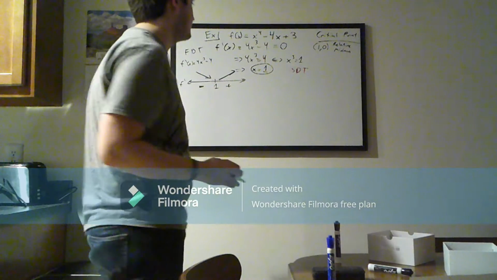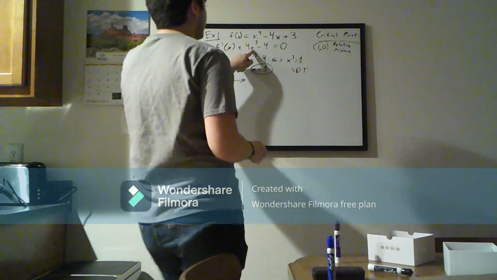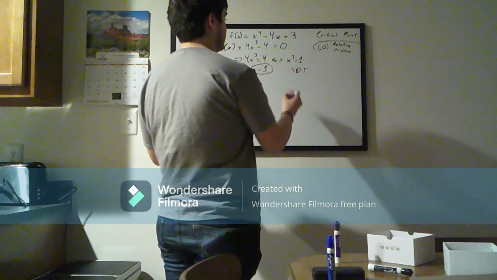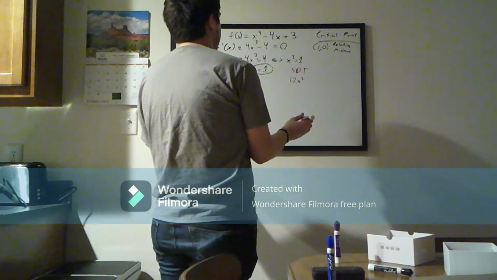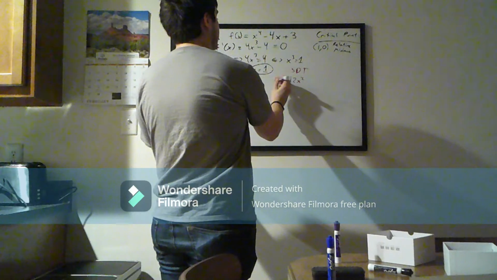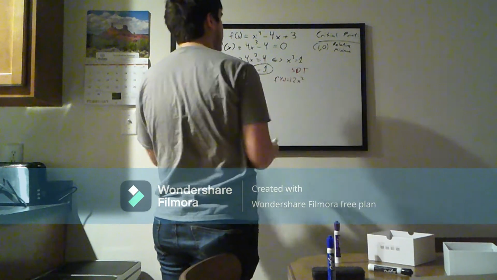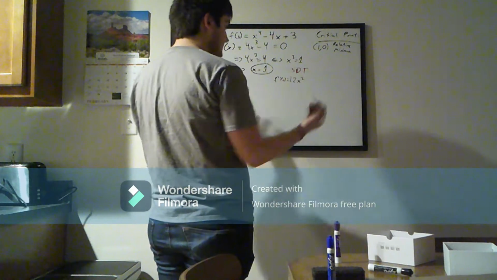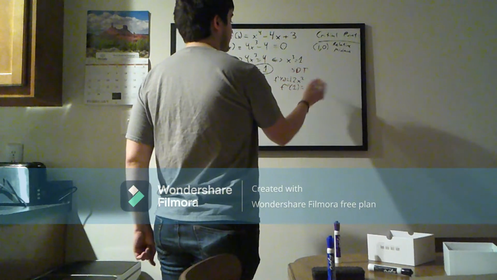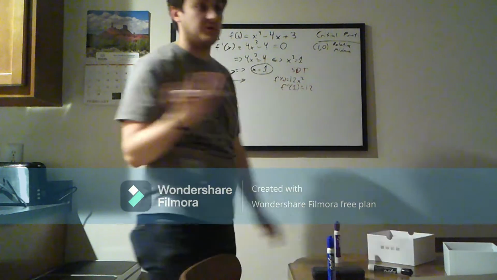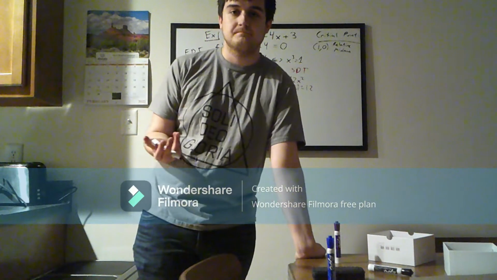The second derivative test says that I take the second derivative of my function, which in this case is going to be 12x squared, right? So this is f double prime of x, and I plug in my critical value, which in this case is 1. So we're going to plug in f double prime of 1, which is 12. Now is 12 greater than or less than 0?